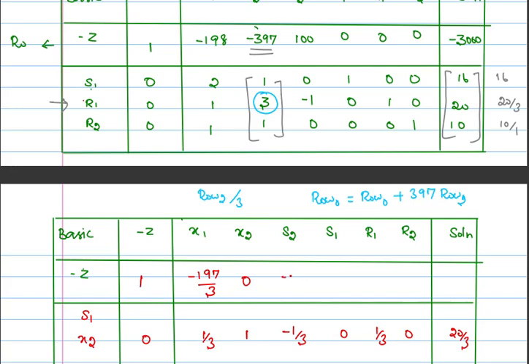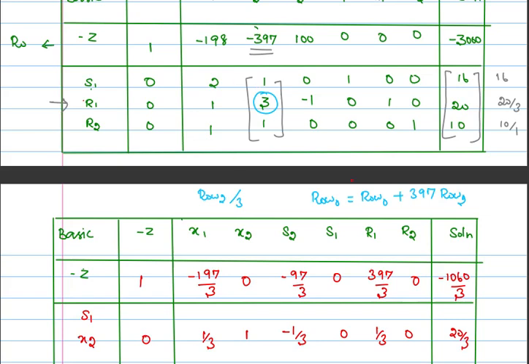S2 is minus 97 divided by 3, 0, 397 divided by 3. R2 here is 0. Here you will get minus 1060 divided by 3.